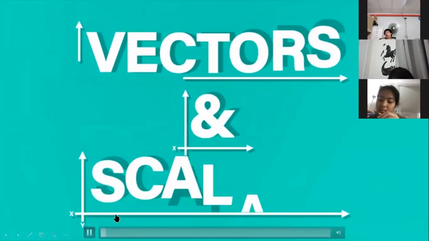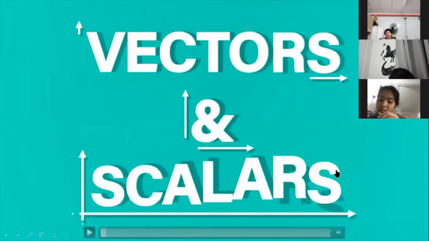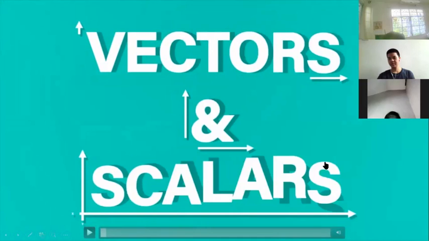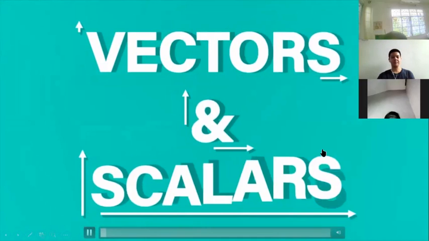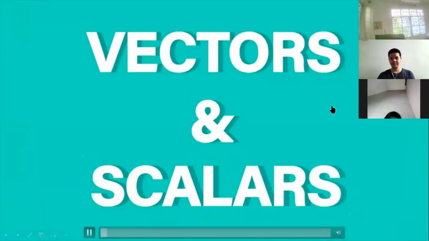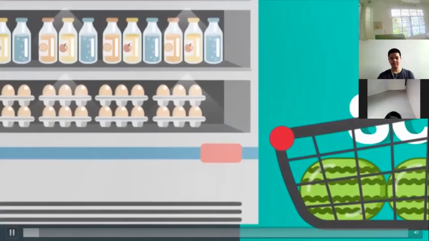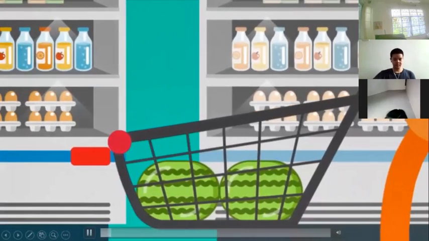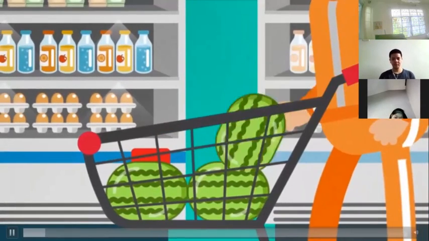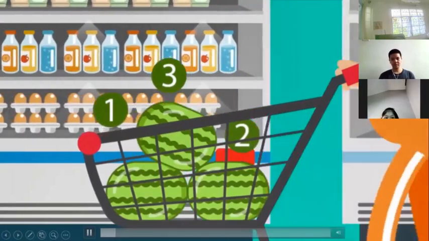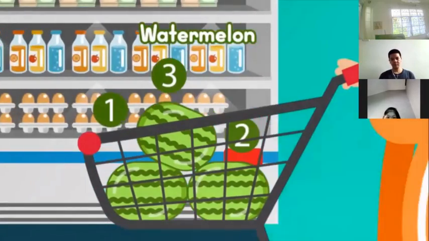Vectors and scalars. Scalars: physical quantities which can be completely specified by 1. A number which represents the magnitude of the quantity. 2. An appropriate unit, are called scalars.